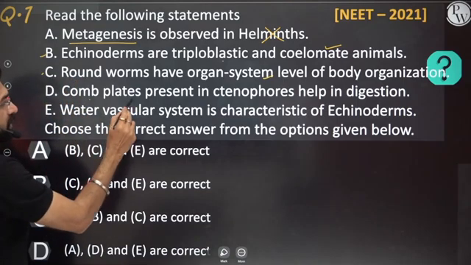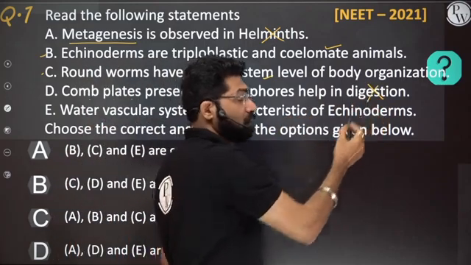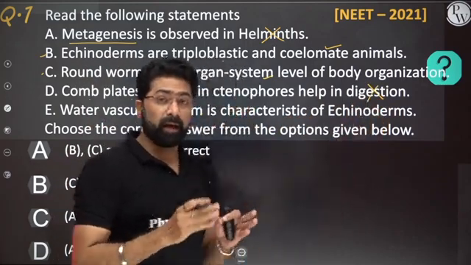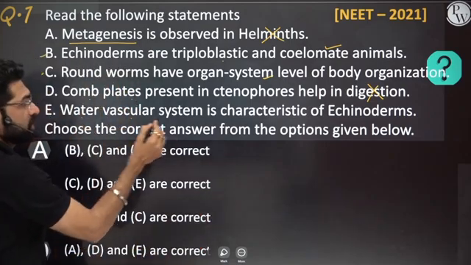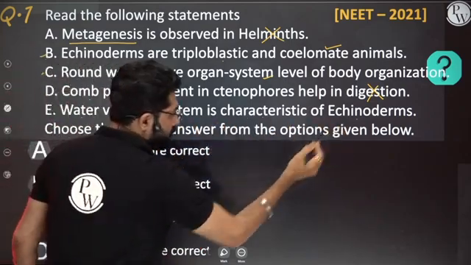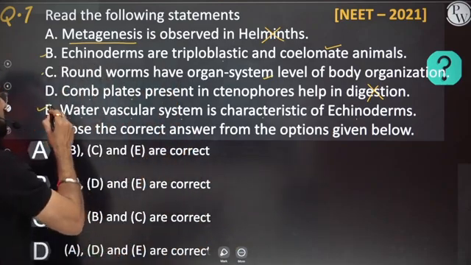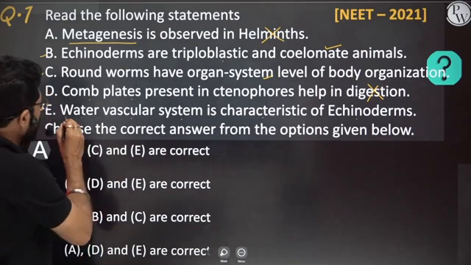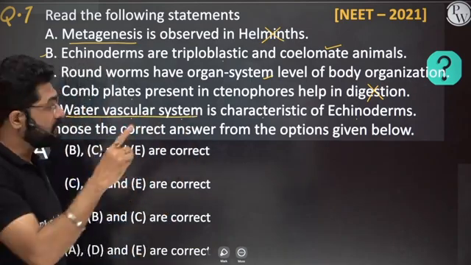Comb plates present in ctenophores help in locomotion, not in digestion. Water vascular system is characteristic of echinoderms. Absolutely correct. Water canal system is present in Porifera, but water vascular system is present in echinoderms.